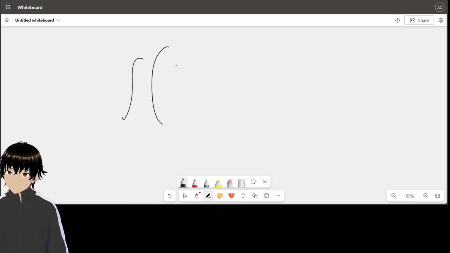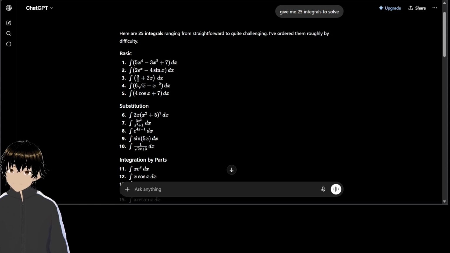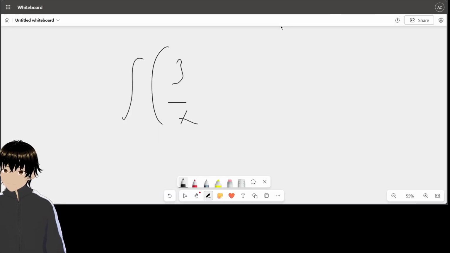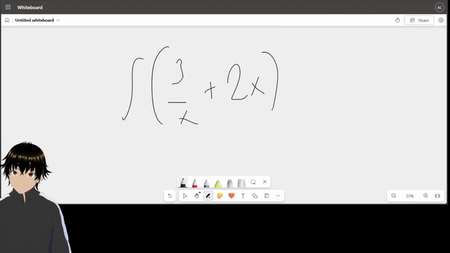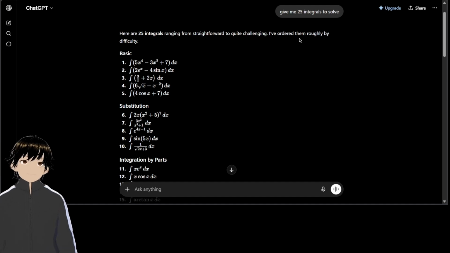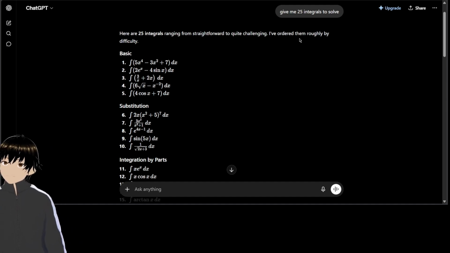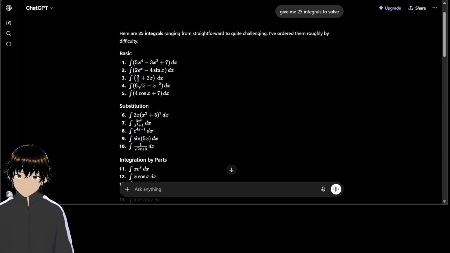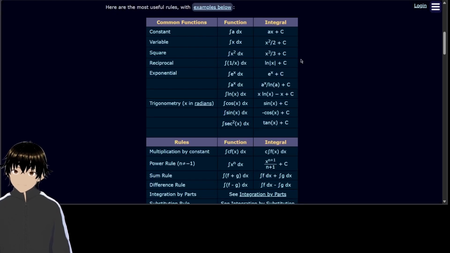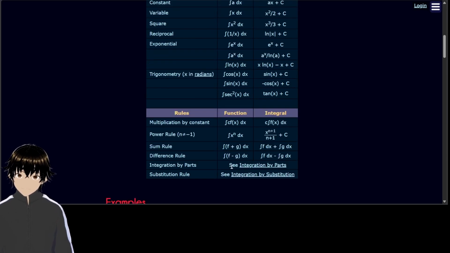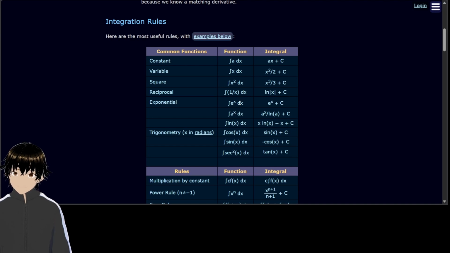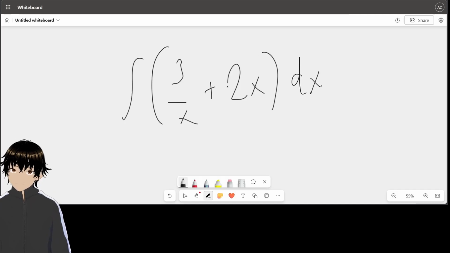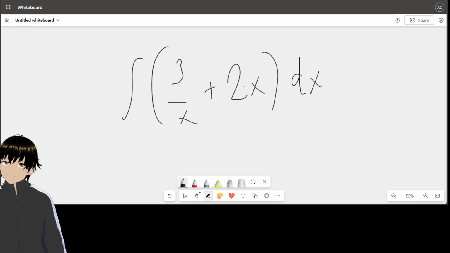Okay, 3 over x, plus 2x. I believe that's going to be the answer. So let me refer to these. We have 3 over x, a fraction. How do you deal with fractions? I know that you have to rewrite the fractions first, I believe.